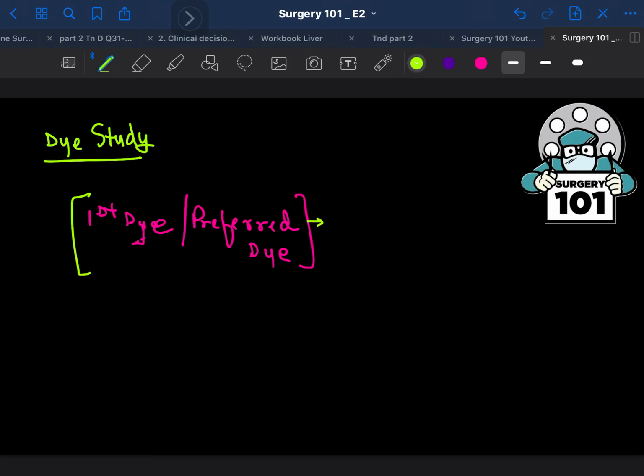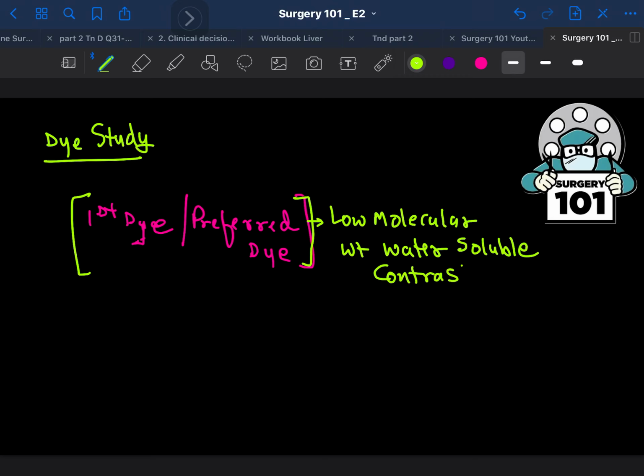So yeah, the contrast which is preferred is low molecular weight water soluble.